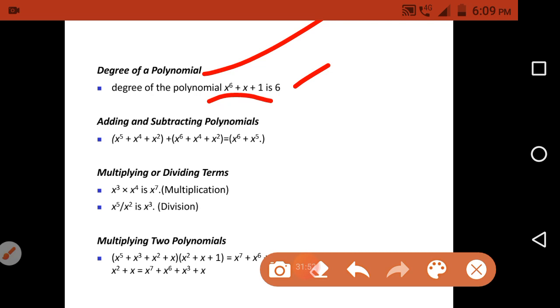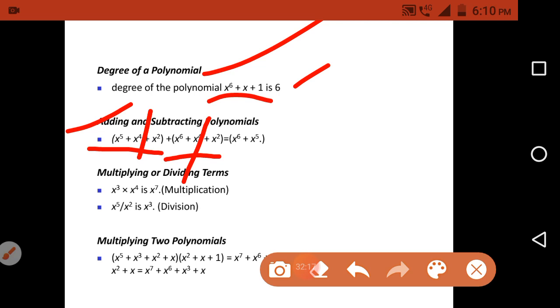After that, adding and subtracting polynomials. Whenever you are performing addition and subtraction, we need to delete the similar terms here. Among these two, what are the similar terms? The x4 and this x4 are similar terms that we need to delete.